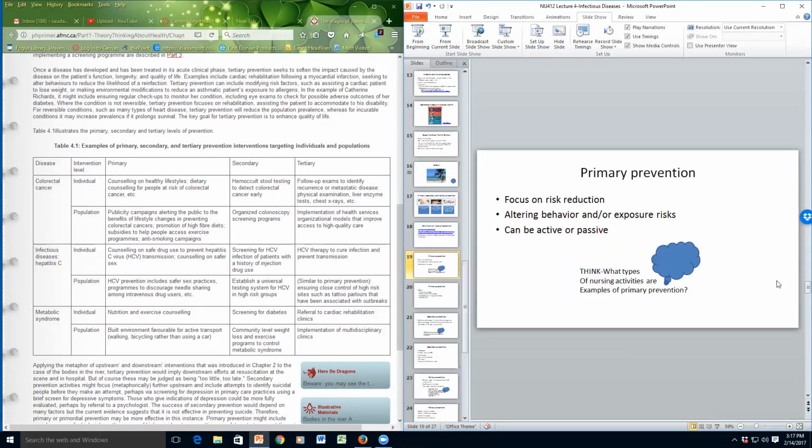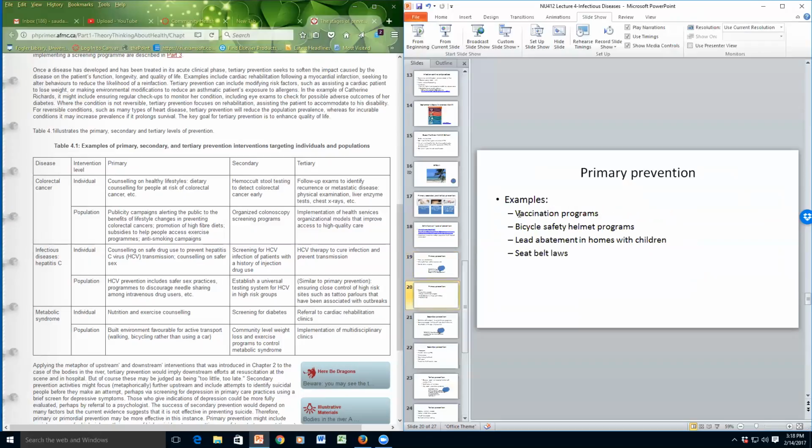So we're going to drill down a little bit on primary prevention, secondary prevention, and tertiary prevention. In primary prevention, our focus is totally on risk reduction, and we're altering behavior and/or the exposure risks. Primary prevention can either be passive or active. We often think of primary prevention as preventing illness, so vaccination clinics can be a big piece of primary prevention.